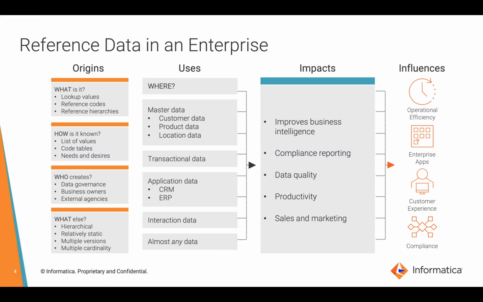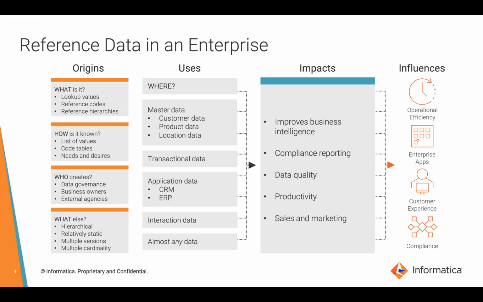A few other attributes: it can be a flat code list or hierarchical. It can be public in nature, like country codes or state codes, or private, specific to your enterprise, like cost centers or employee codes. It can have multiple versions and cardinality.